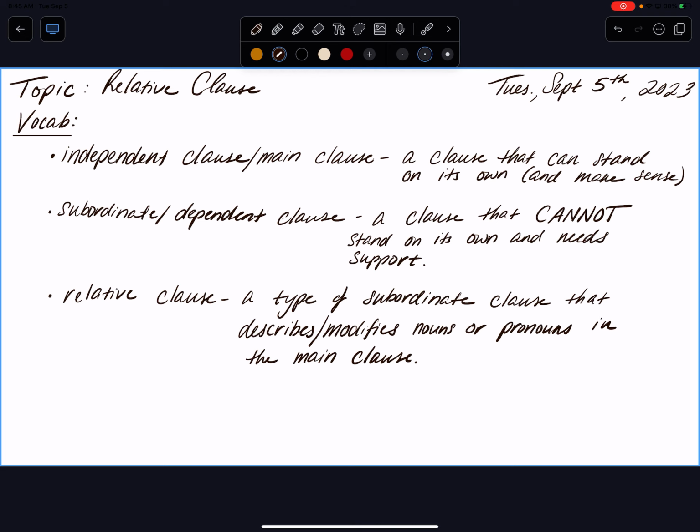Okay. So far, how we doing? Okay, so we've got 3 terms you should be familiar with, and I'm about to hit you with, I think, 2 more. Now, within the relative clause, it is introduced by a relative pronoun.